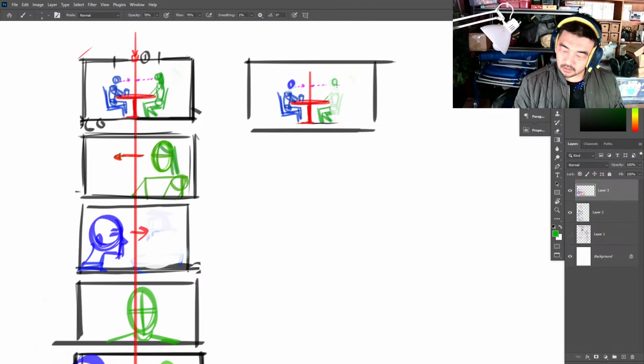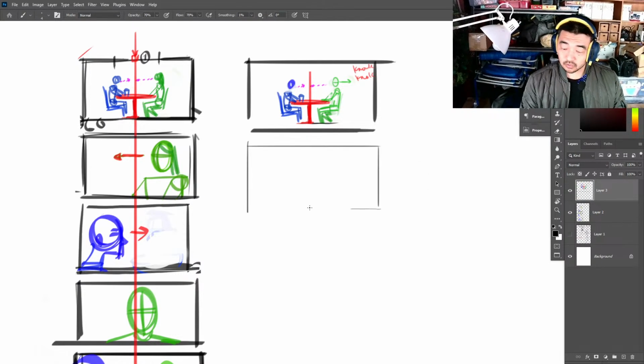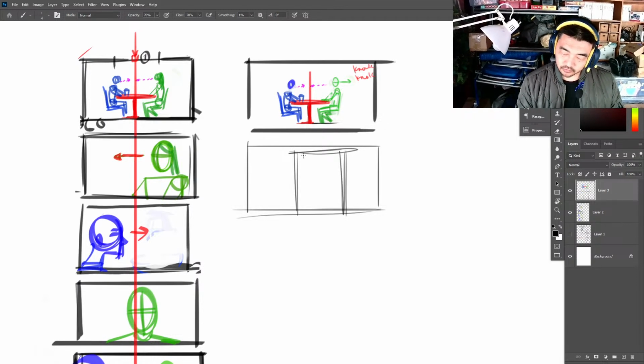And maybe they both turn. And then on that action, let's say they both turn, like it's right here, knock, knock. They both turn, and you could do a single on the door of the person entering.